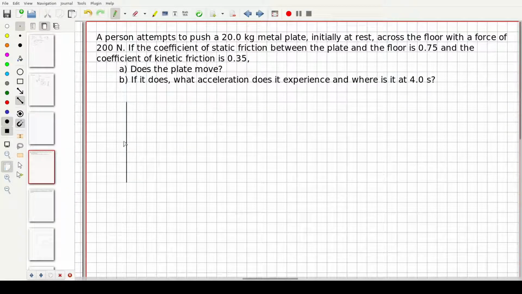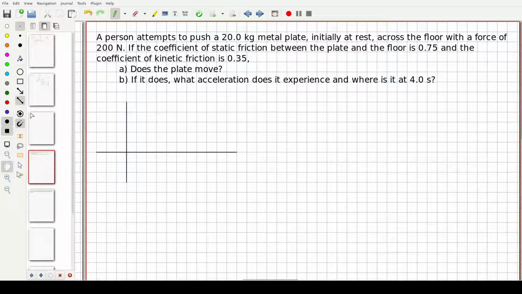All right. So that said, let's draw a picture. Here is, we'll say, the floor like that. And here's Y, here's X. Maybe here's our metal plate right here. And what I want to do is to exert a force on this plate, we'll say to the right like that.